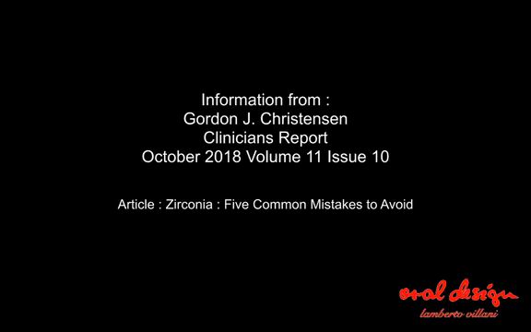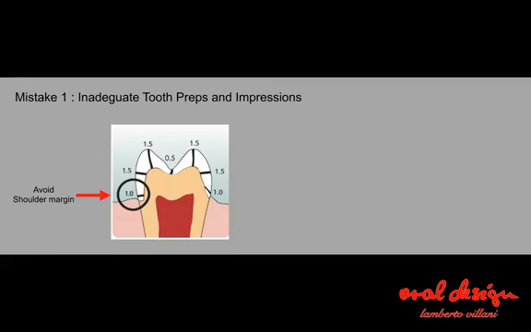Then I take some information from Dr. Gordon Christensen, and this is recent, October 2018. I found these 5 common mistakes to avoid, very interesting, very helpful. Mistake 1: when the dentist gives us inadequate tooth preps and impressions. Avoid a 90 degree shoulder margin, it will never sit as well as a chamfer.